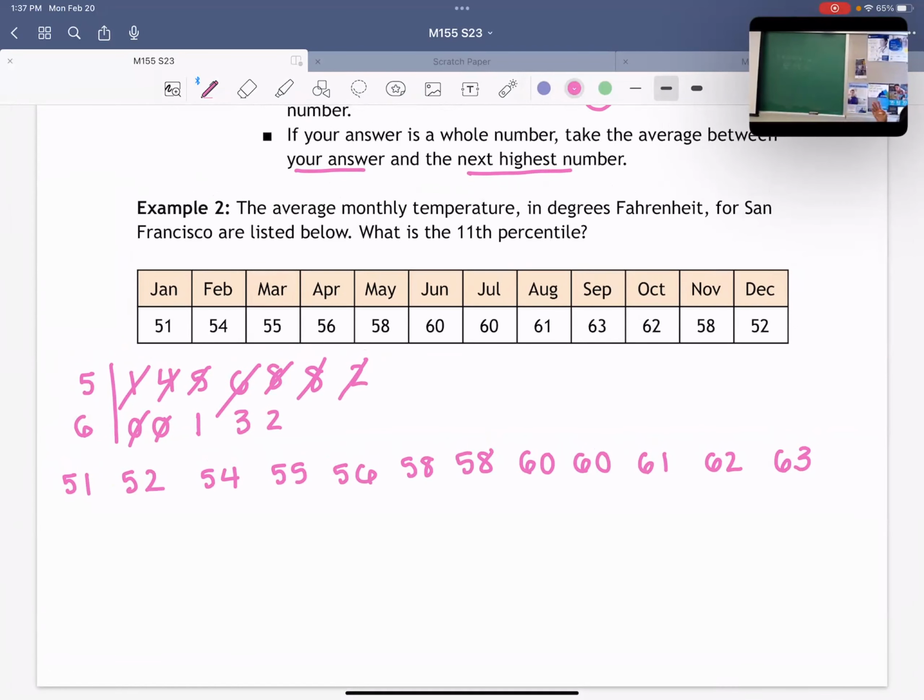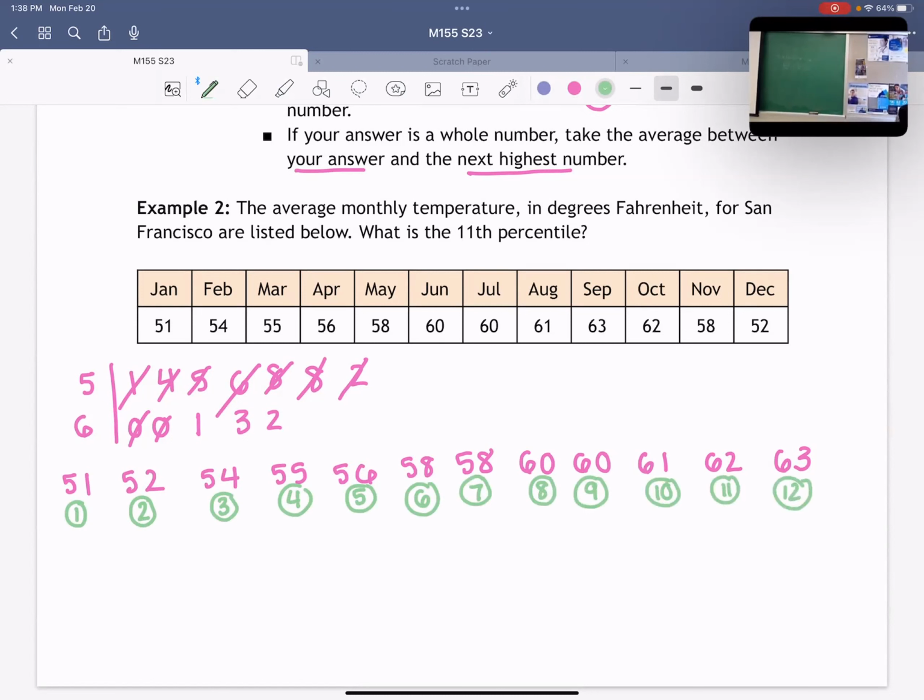Okay. The next thing I'm going to do is I'm just going to assign numbers to each of my numbers. And if that doesn't make sense, let me go ahead and do it. 51 is my lowest number, so it gets a 1. Second lowest number gets a 2, 3, 4, 5, 6, 7, 8, 9, 10, 11, 12.